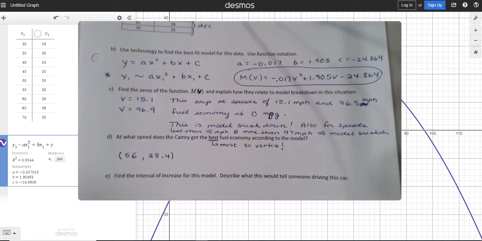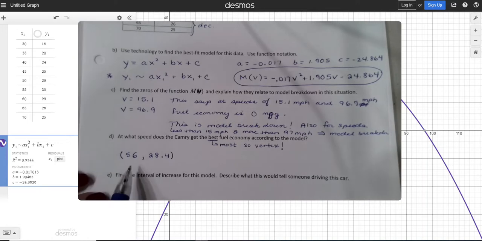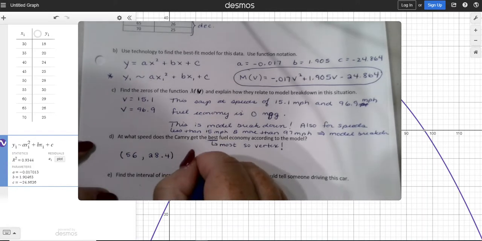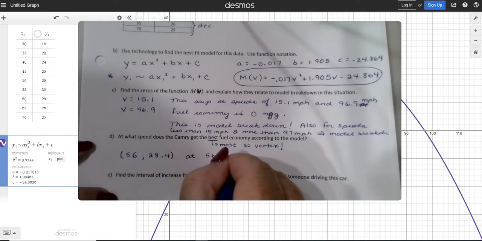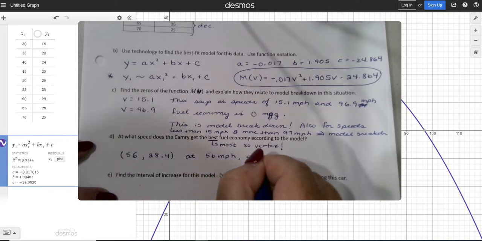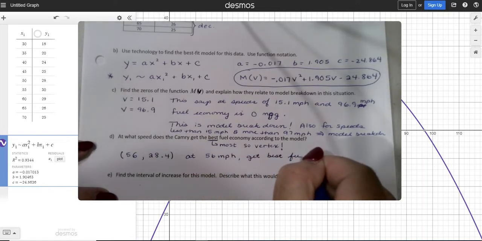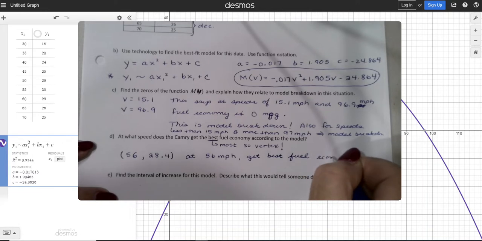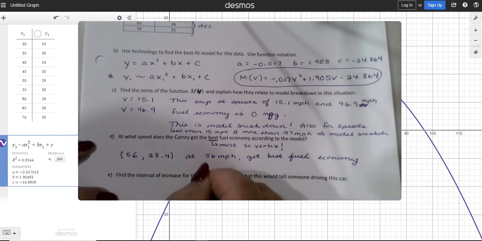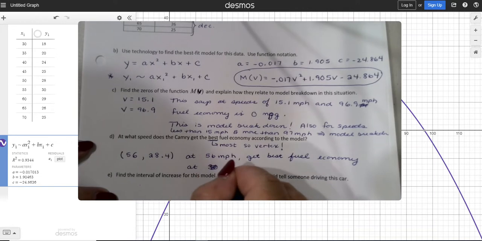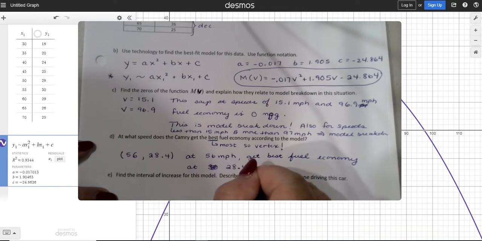So, according to the model, we get the best fuel economy at 56 miles per hour with 28.4 miles per gallon.